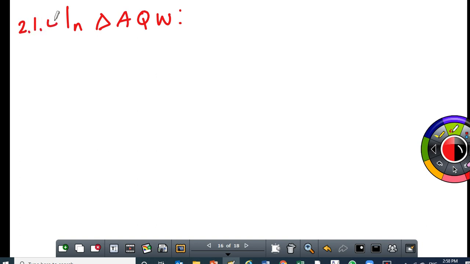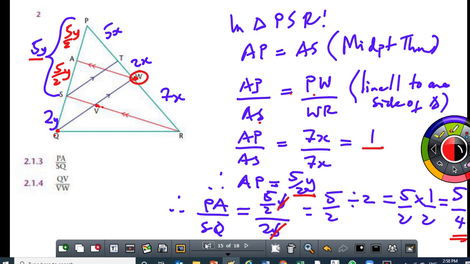In that triangle, I'm going to apply the proportion theory. I'm going to say QV over VW is going to be equal to QS over SA.